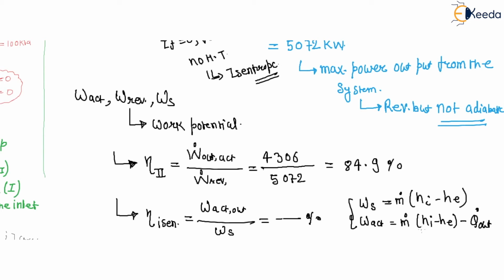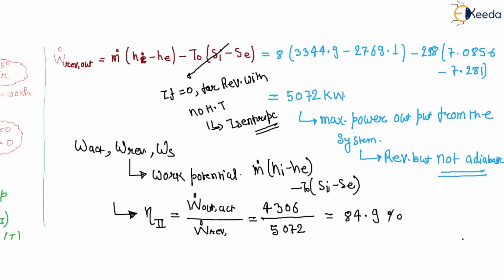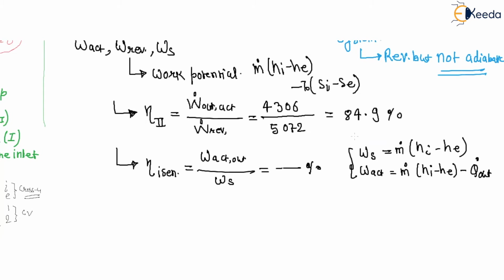So this is your actual work. And what is the reversible work? m dot Hi minus He minus T naught times Si minus Se. Right? So there is isentropic work, and this is your second law efficiency.